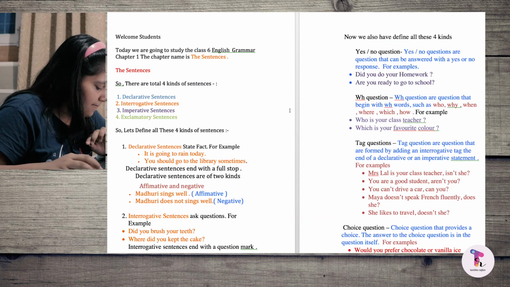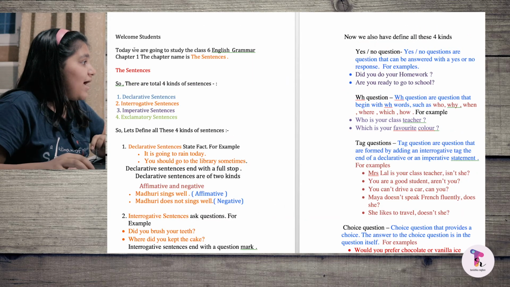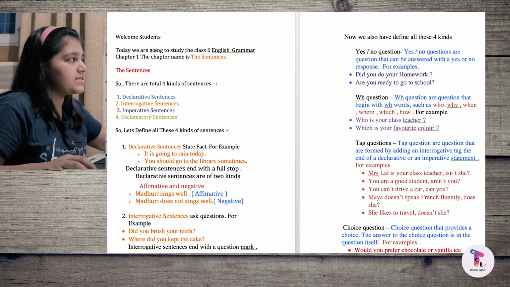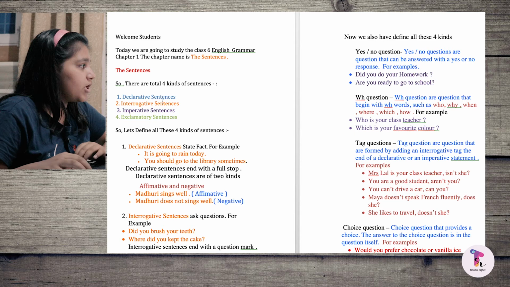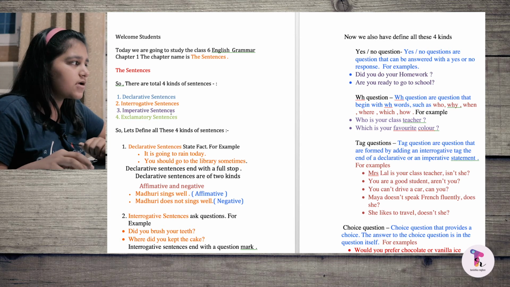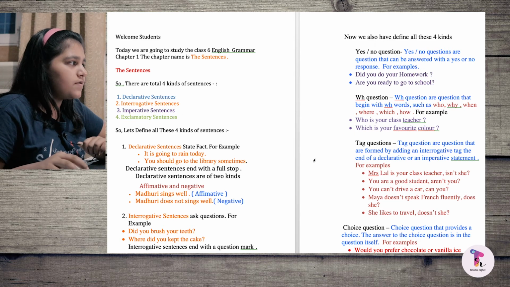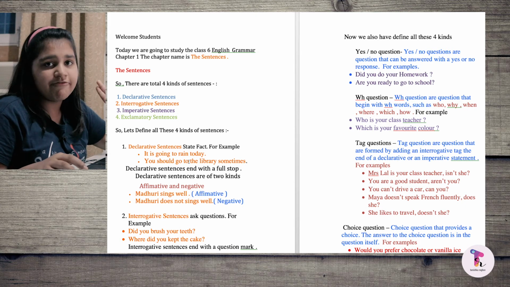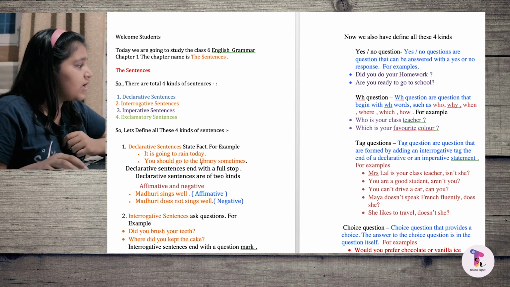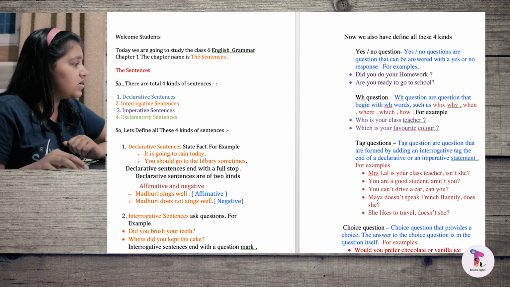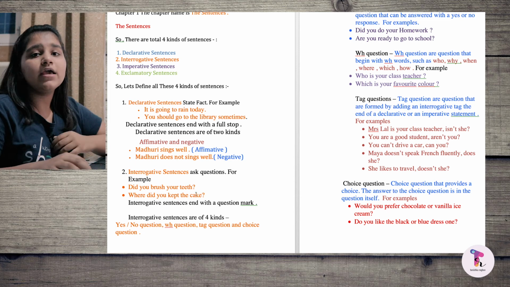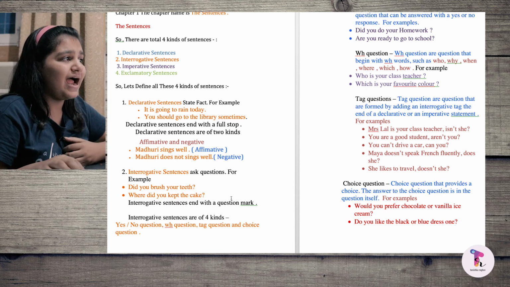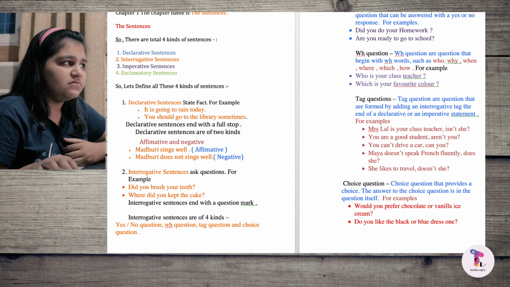Let's do the recap. There were a total of four kinds of sentences: declarative, interrogative, imperative, and exclamatory. We have defined all of them. Declarative sentences state facts, and we took examples. Then there are 2 kinds of declarative sentences, affirmative and negative, which we have defined. Then interrogative sentences have 4 kinds, which we also defined.